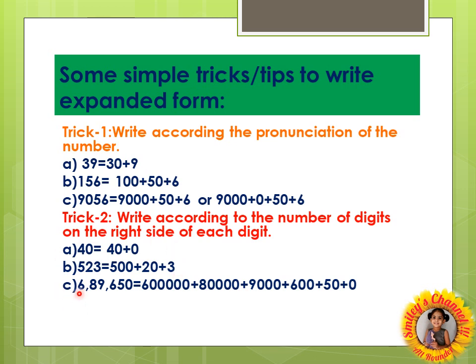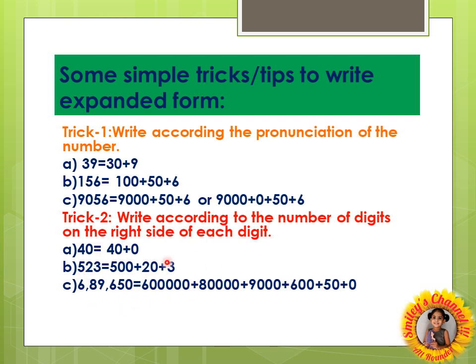So here if it is 2 digit or 3 digit or 4 digit, anything, if it is a very big number also it is fine, children. So see, I am taking a very big number here. See, ones, tens, hundreds, thousands, 10,000, 1 lakh. Oh my God, this is a very big number, and you may think it is very difficult to write.